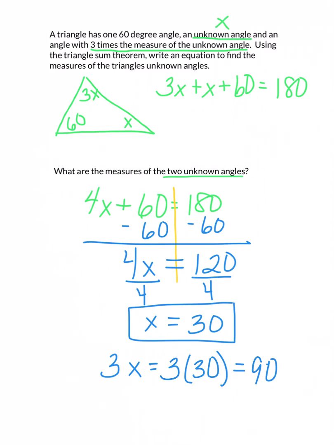So my one missing angle is 30 and the other one is 90. Always remember that all the angles in a triangle will add up to 180. If you go back and check it, if you add 30 plus 90 plus the 60 that we had in there, 30 plus 90 is 120. 120 plus 60 does give us 180. So we know we did it correct.